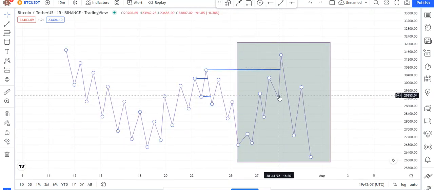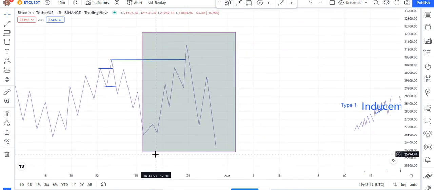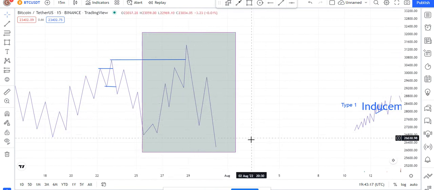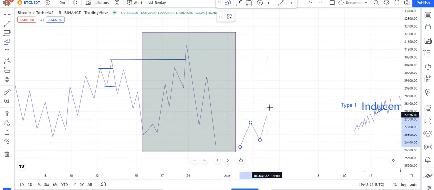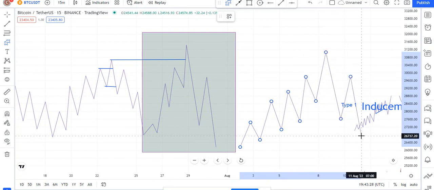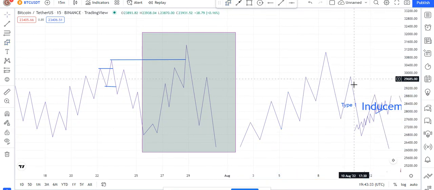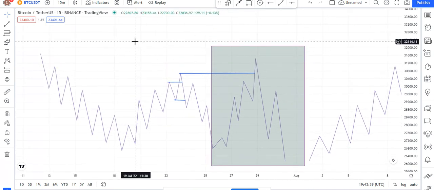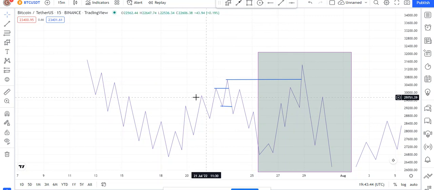But if you go down to a lower time frame, the only thing you see is this area. So it will be like you zoomed in, and then we continue going down. So it's actually a reversal as well, but it can only be seen as a reversal on the lower time frame, while on the higher time frame we call it an inducement.